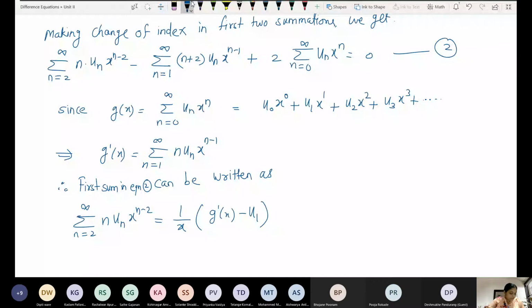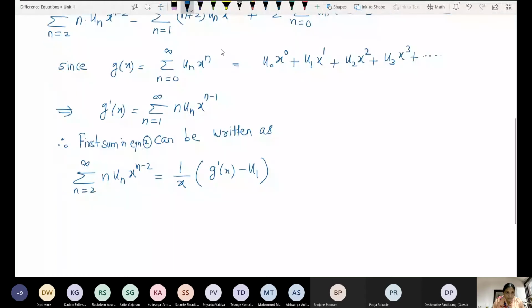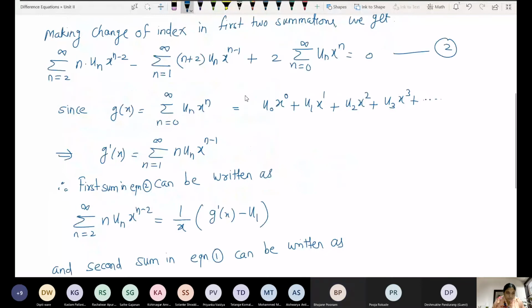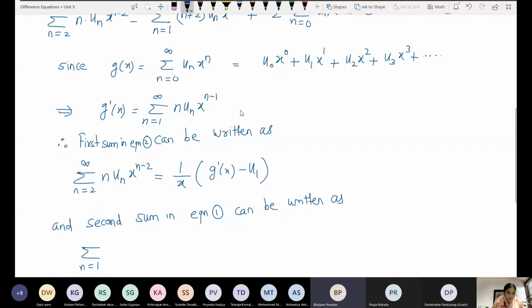And the second sum in equation 2 can be written as, what is the second sum? n is equal to 1 to infinity, n plus 2 un x raised to n minus 1.